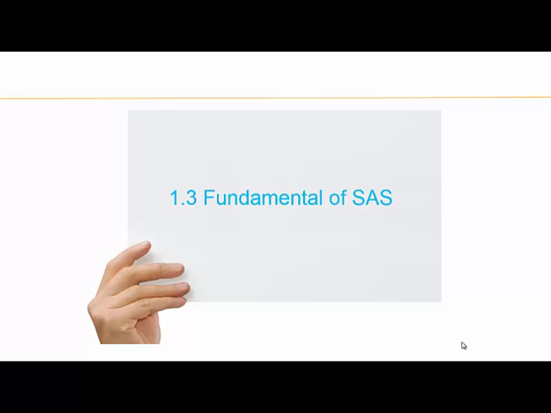In SAS, it's a good thing, we have only two kinds of variables. Here we're going to see how SAS stores its values in these two variables and when to use what kind of variable.